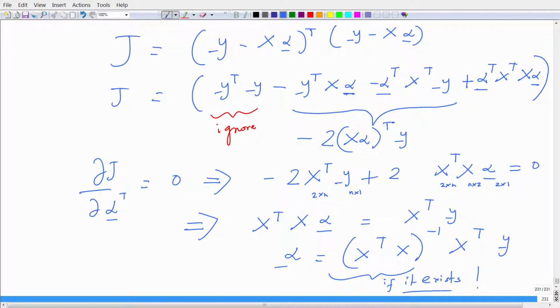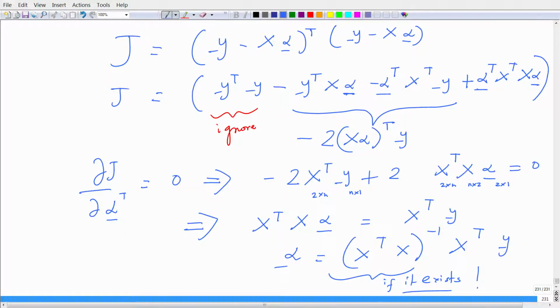If you take the derivative, we do matrix calculus. You can look at my video lectures on matrix algebra in the mathematical methods and techniques for signal processing course. There is a video lecture on matrix calculus. So, using the rules of matrix calculus, you can take the derivative of these quantities with respect to a vector, because alpha is a vector.